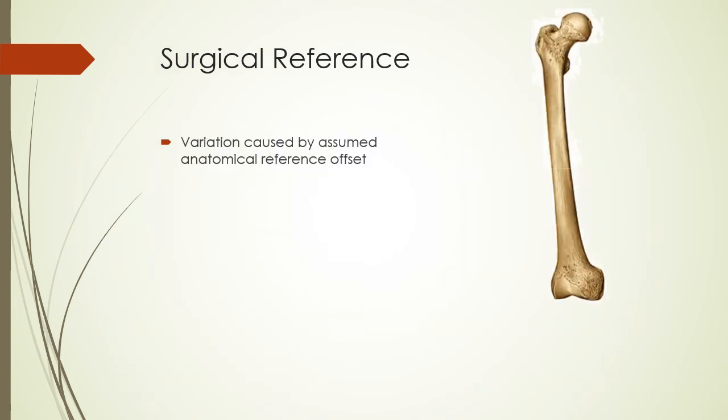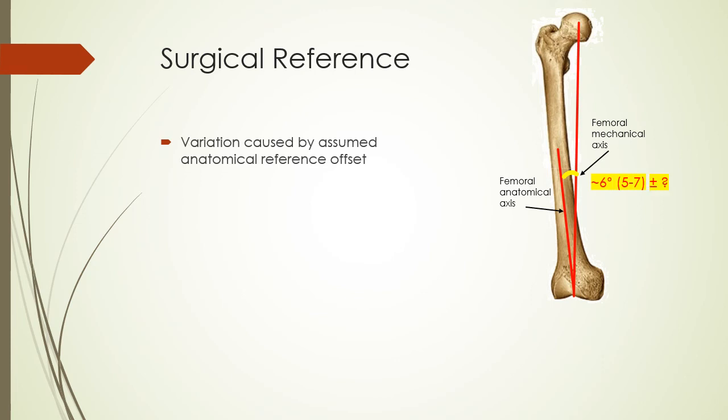And a lot of you will use mechanical instrumentation for surgery. That means a reamer to establish the femoral anatomic axis for your femoral alignment. And we are always assuming about 6 degrees of offset to be able to restore that alignment back to the femoral mechanical axis. But this is the average value.